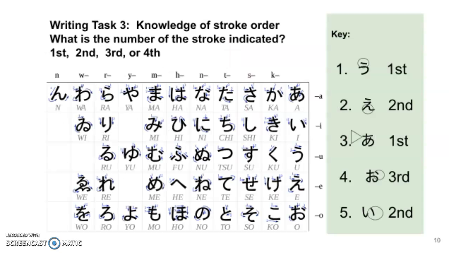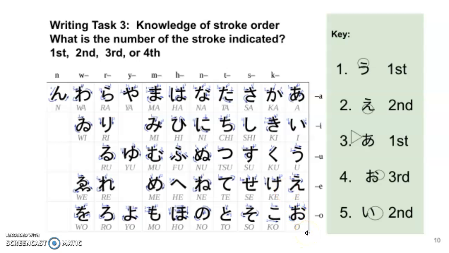The third task on the mini quiz is to demonstrate knowledge of stroke order. These symbols are written in a particular order, and this is necessary to know for later when students start writing symbolic language. So I want to test their knowledge of the stroke order.